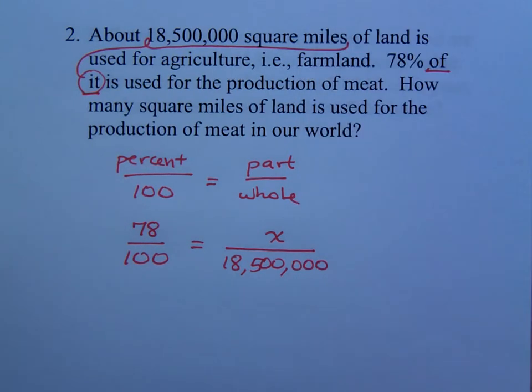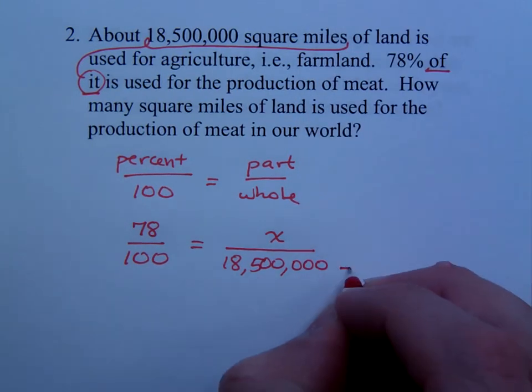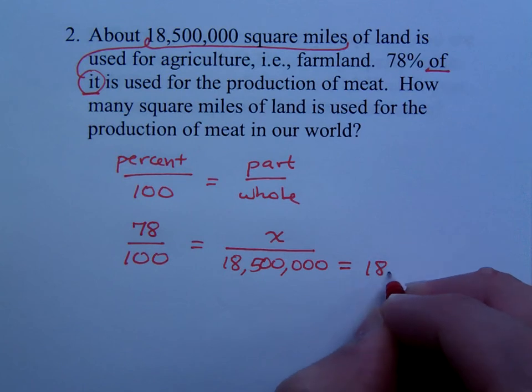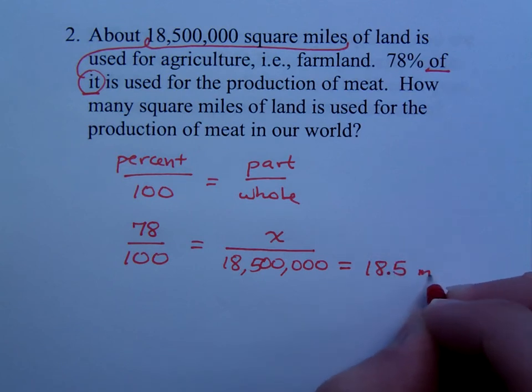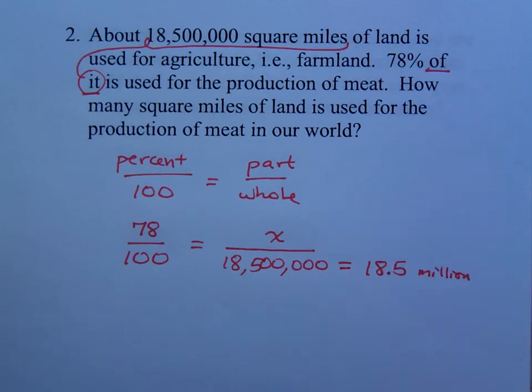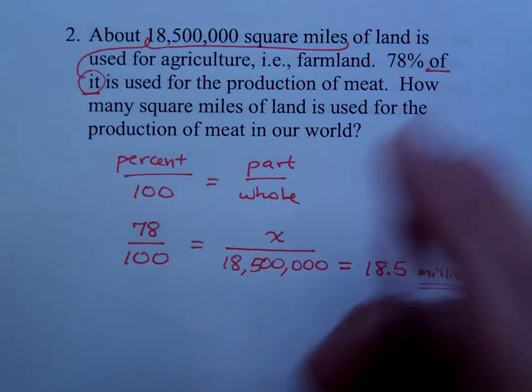Here's how you can make your lives a little bit easier. Rewrite this guy to be 18.5 million. Okay? Do I need to worry about the word million when I'm doing this? No. It just changes my units from being square miles to millions of square miles. Okay? So if I do 18.5, what's the cross product?